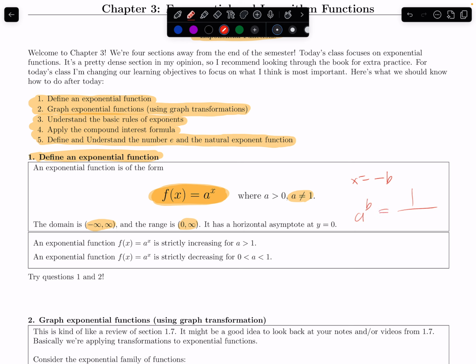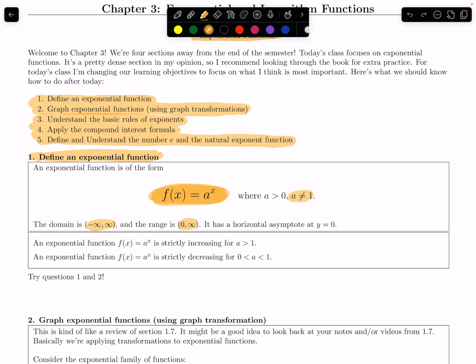Then a to the negative b is 1 over a to the positive b. That's what it means to have a negative exponent. So look at this. It's never going to be negative. It's always positive regardless, as long as we're talking about an a that's positive. The original number itself is positive.